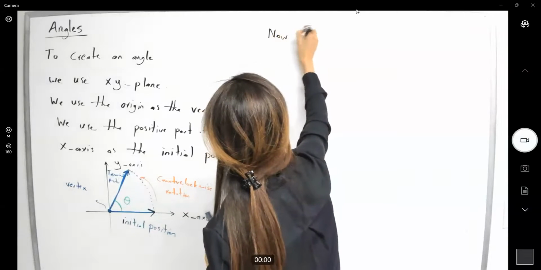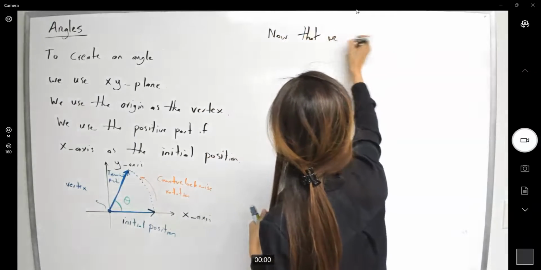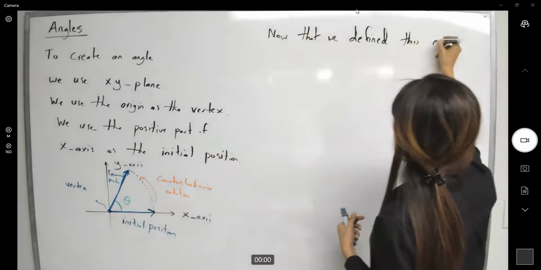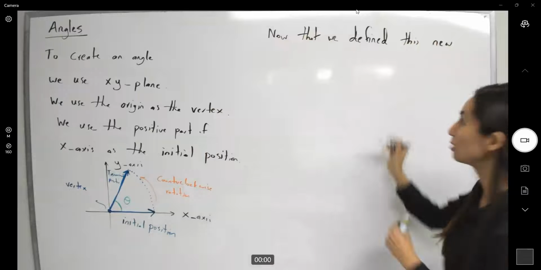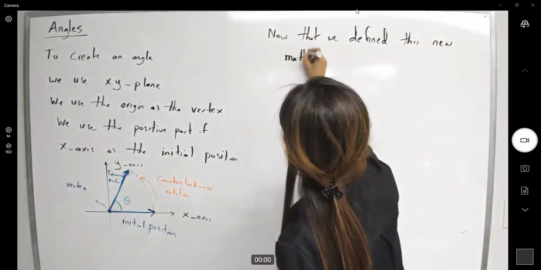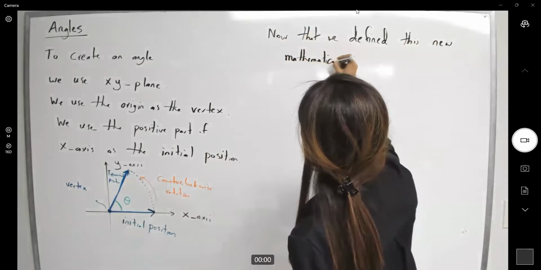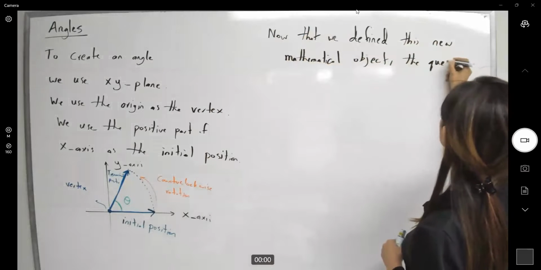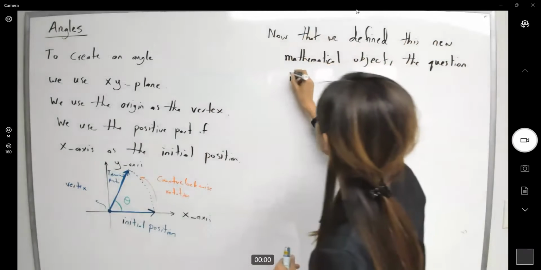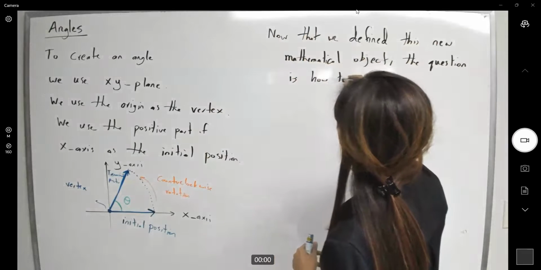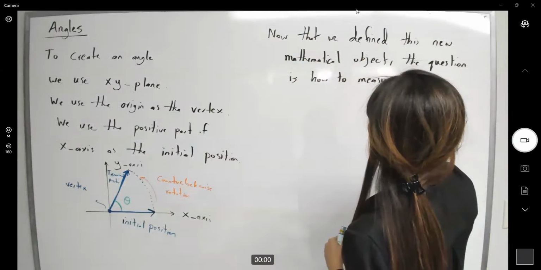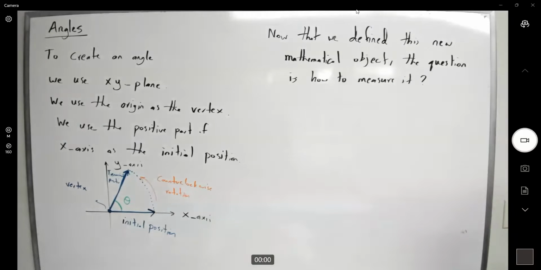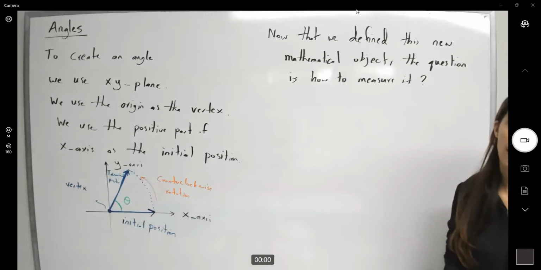Now that we've defined this new mathematical object, the question is how to measure it. So there are different ways of measuring an angle.